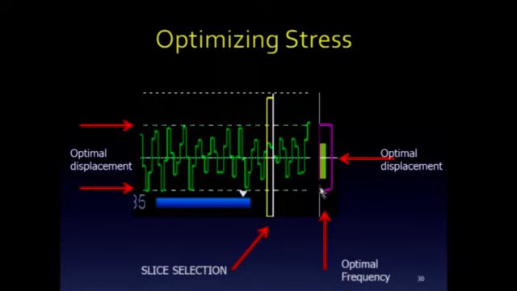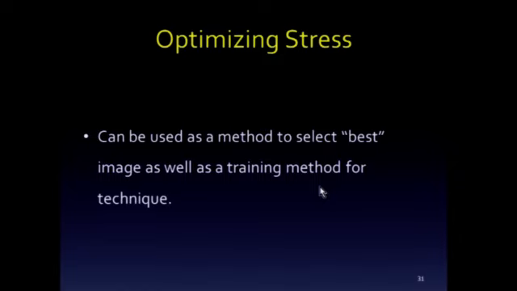That's telling you that you're applying the optimal strain in that image to give you the most consistent and accurate results. You can use this as a method to detect the best image as you're moving along. And also it's real time, so you can look to see how your yellow box fits into the purple box and practice getting the appropriate technique for your system.